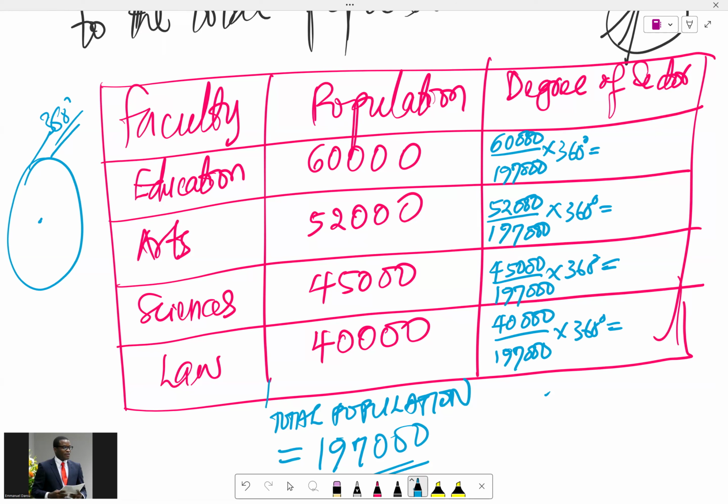So let's go ahead and do the computation. First of all, I want to double check the population, because sometimes simple things can become tricky when you're on the spot, like performing in front of a class. So 60,000 plus 52,000 plus 45,000.